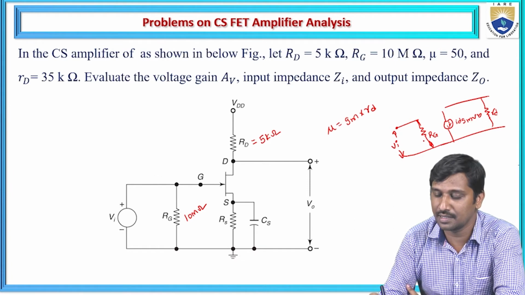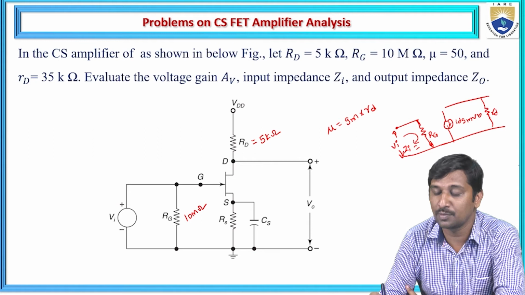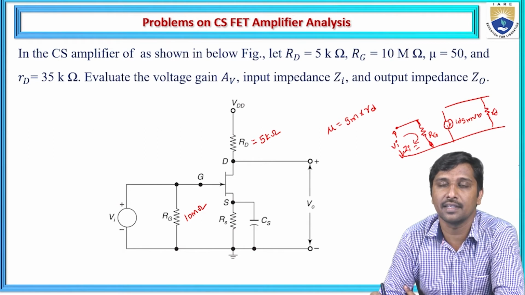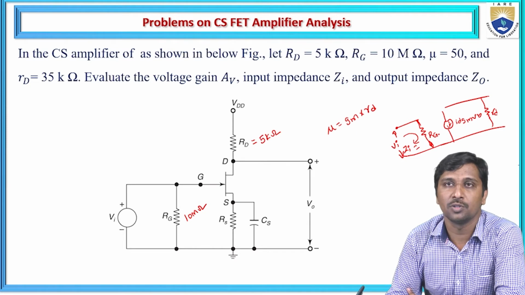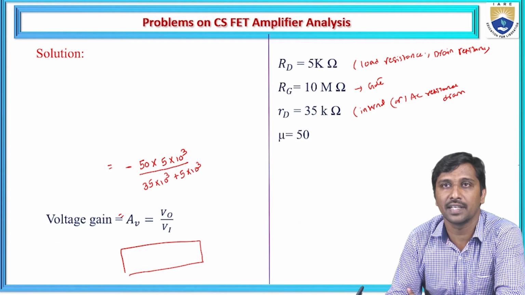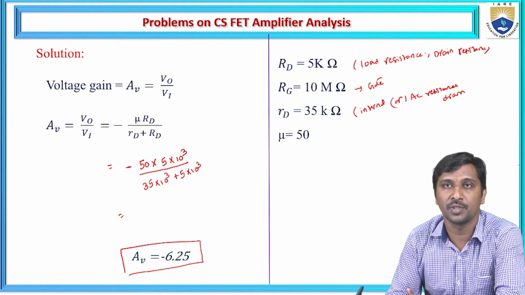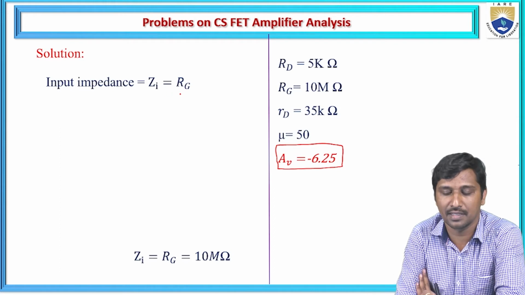At the input port, ZI is directly given by the external biasing resistance across the gate. So from the small signal model analysis, the input impedance ZI is equal to RG.